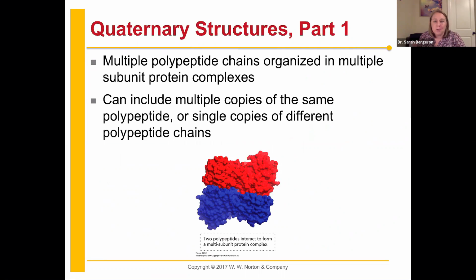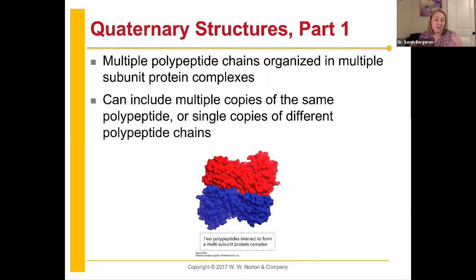So most proteins are composed of multiple polypeptide chains that are organized together in order to make your big protein complex. So when this happens, you can have multiple copies of the same peptide, or you can have single copies of different polypeptide chains.